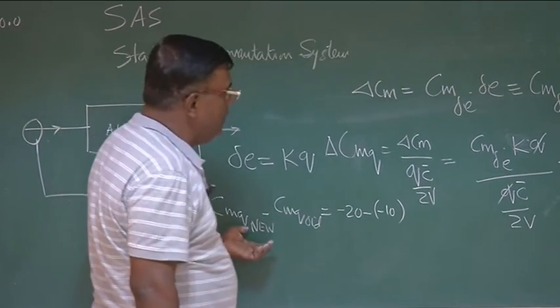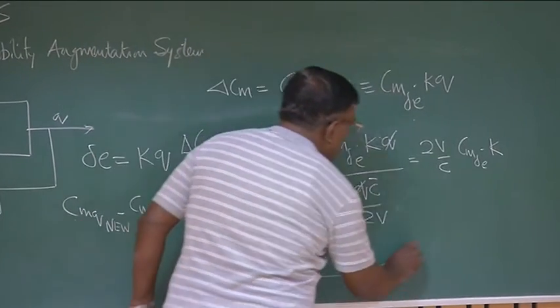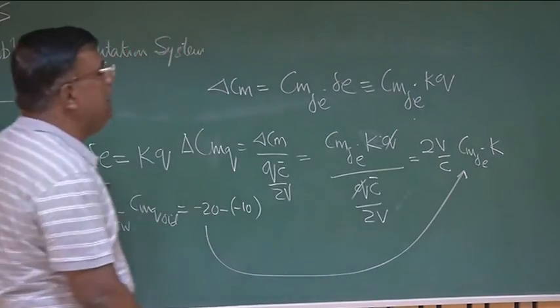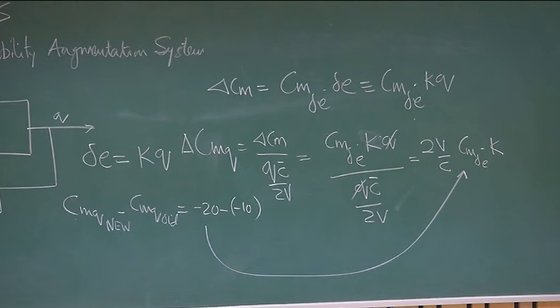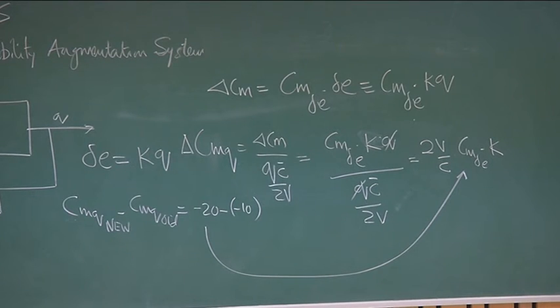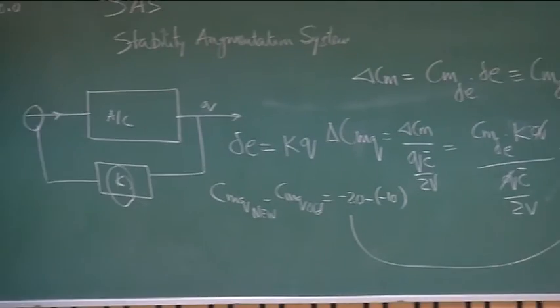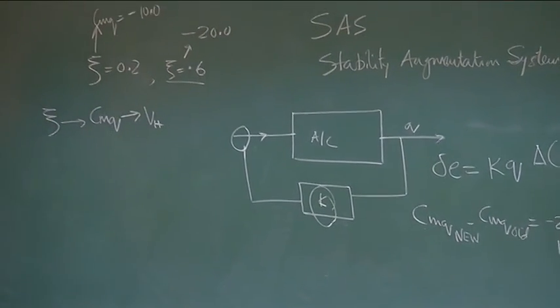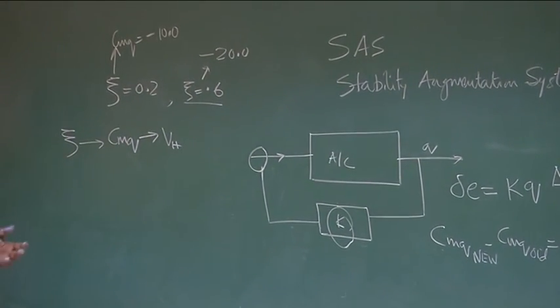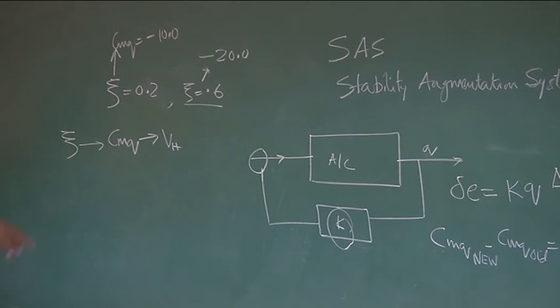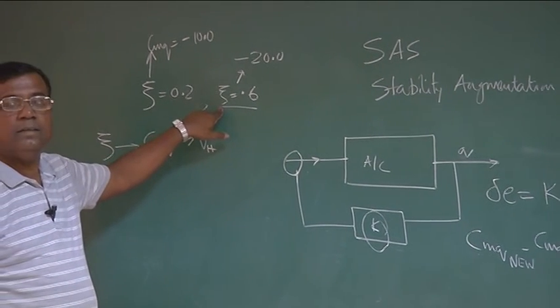This should be equal to 2V by C bar, Cm delta E, into K. Cm delta E is fixed, velocity is fixed, C bar is fixed. So you have to alter the value of K. You can go on changing the value of K and get the desired online value of CMQ required to ensure zeta is 0.6. Right?